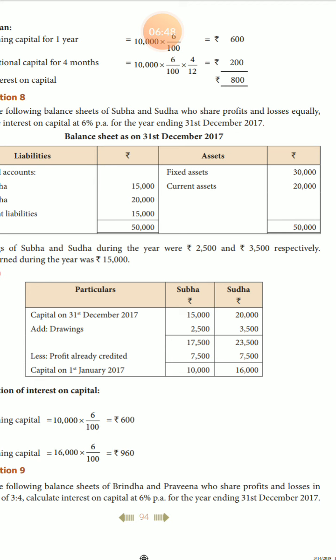For Sudha, 23,500 less 7,500 means the answer is 16,000.